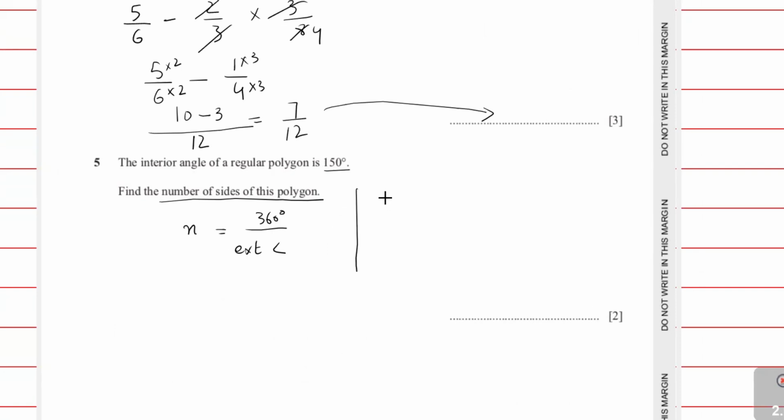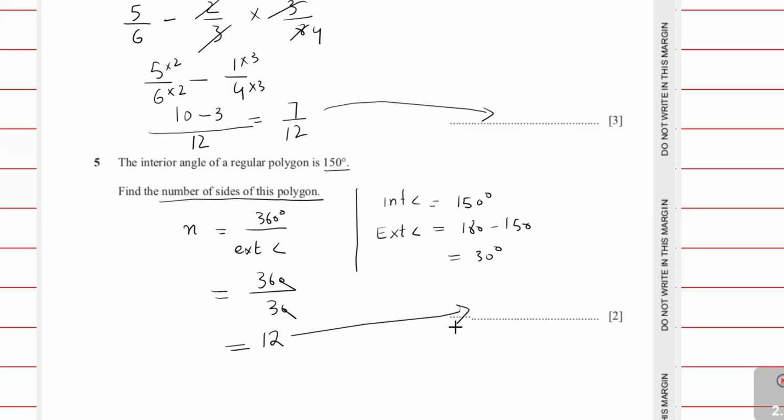Here the interior angle is 150 degrees and the exterior angle will be equal to 180 minus 150, and this is 30 degrees. And we can write 360 divided by the exterior angle of the regular polygon, which is 30. Therefore, the 0 would be cancelled. 36 over 3 equals 12. And this is the number of sides of this polygon.